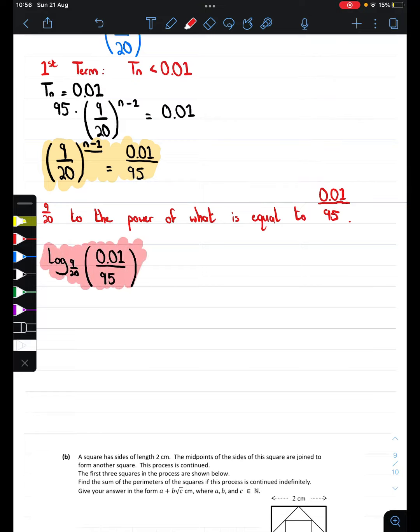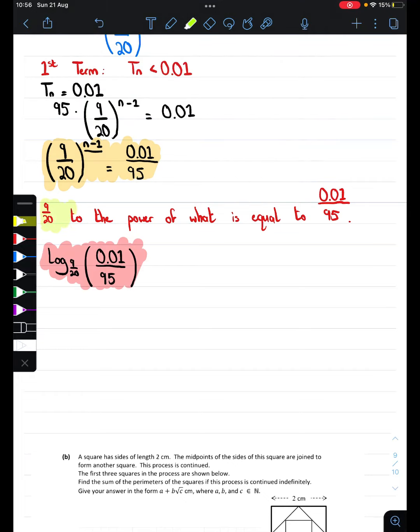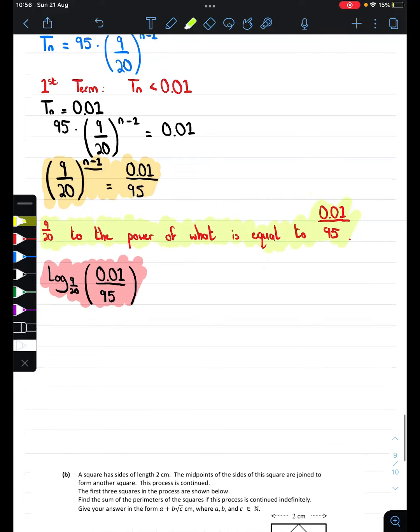This expression is this question in maths notation. That's what the logarithm is for. The logarithm exists to answer: something to the power of what is equal to something.